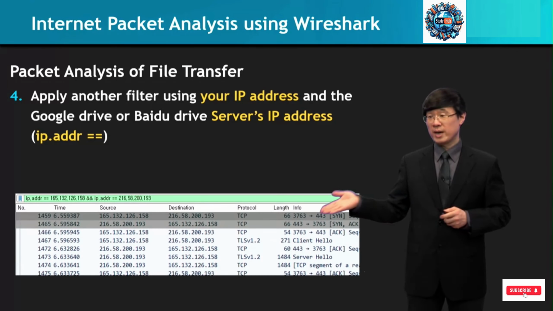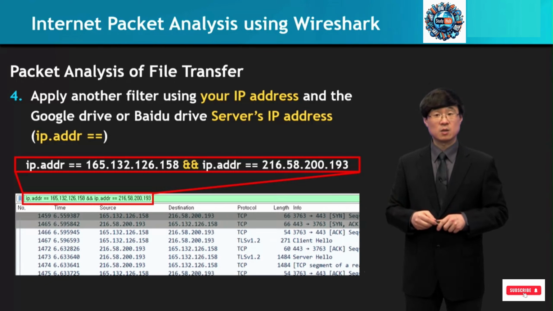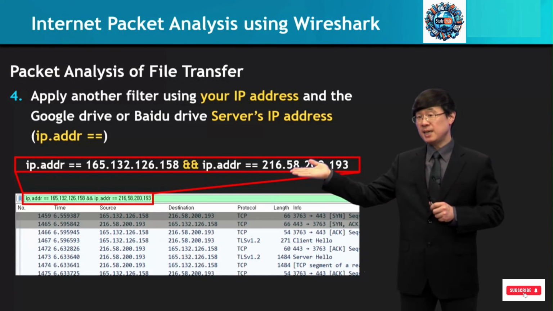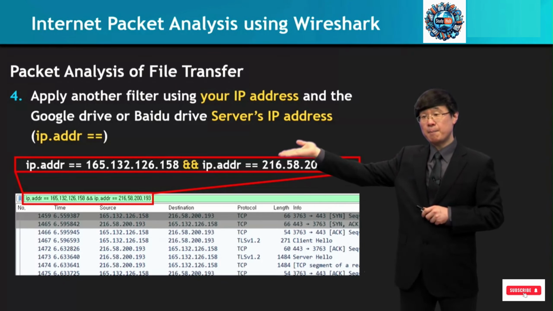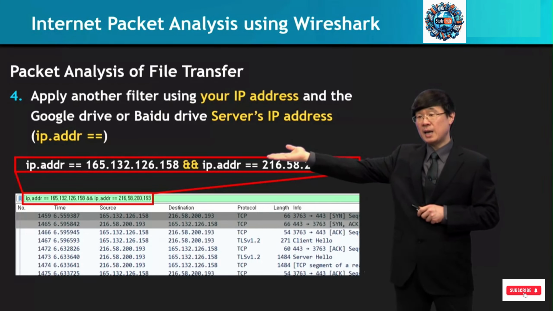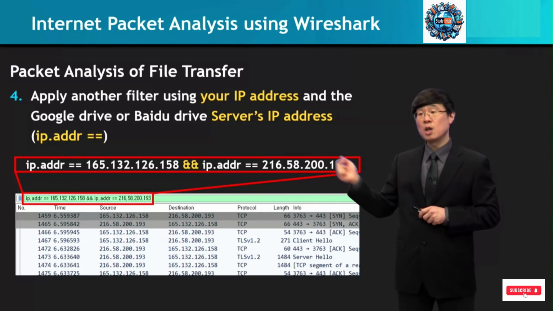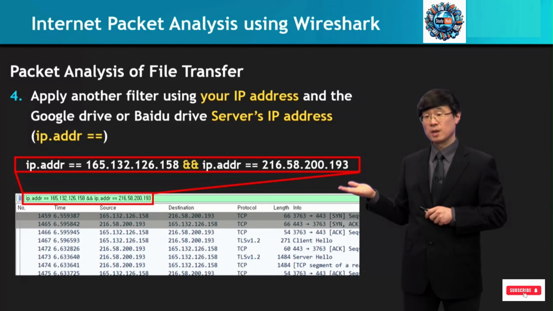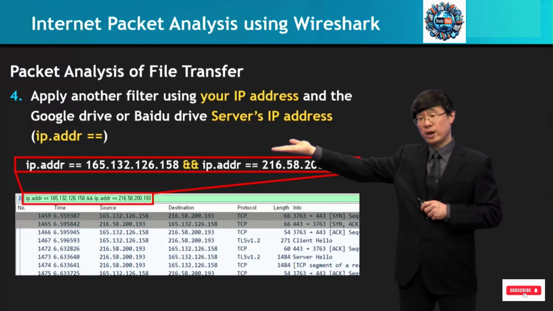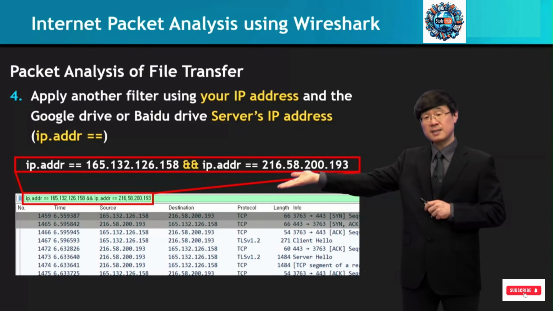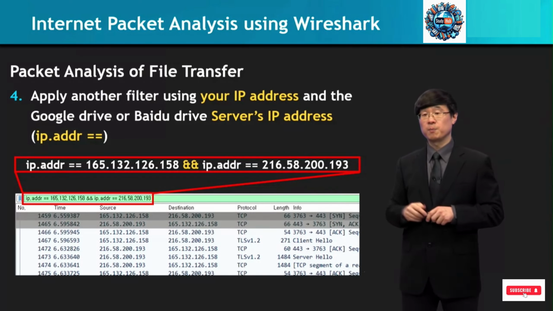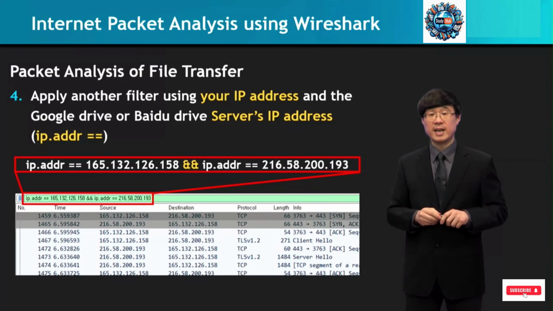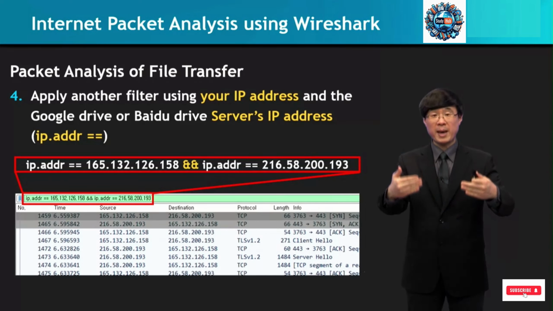In other words, right here, where it says ip.addr ==, that's my IP address, and then you see && and then another ip.addr == with this address right here. So you put your address over there, the && symbol in the middle, and then you put the server's IP address right here.